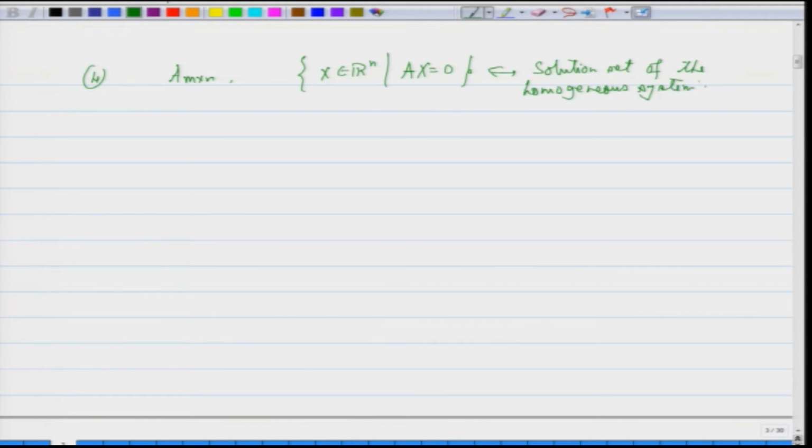So, look at here. What we have already seen is that if x1 is a solution, let me write this set as V. So, if x and y, let me write x and y.